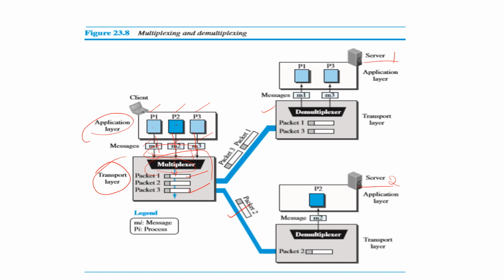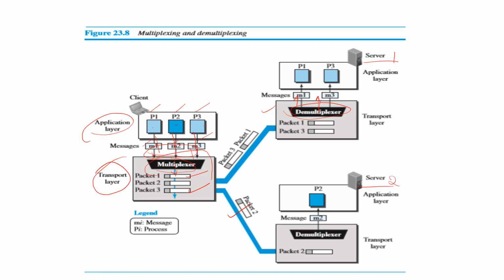When packets 1 and 3 arrive at the server, the transport layer does the job of a demultiplexer. That is, it distributes the messages to two different processes which are running at the application layer.